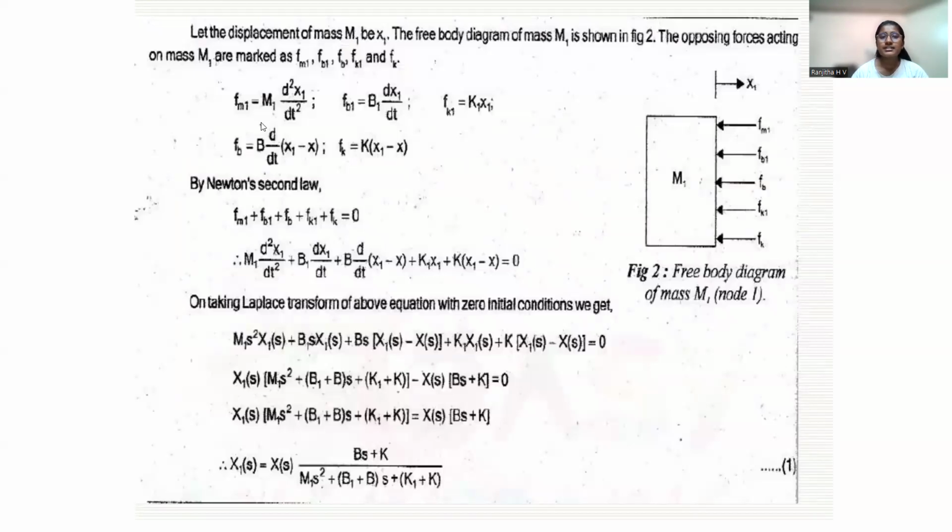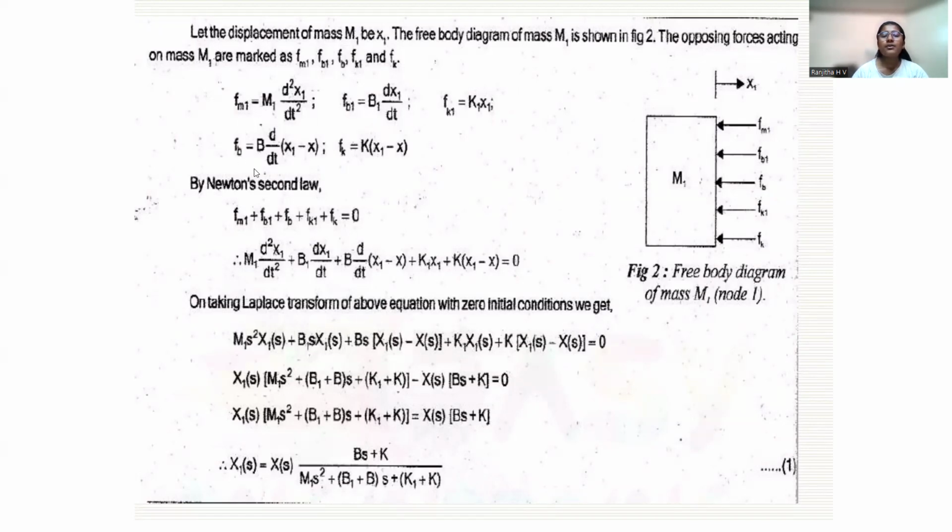Here we are going to first take the free body diagram of the mass as shown in the figure, and the opposing forces acting on mass one. Here Fm1 is equal to m1 into d square x1 by dt square, and Fb1 is equal to b1 into dx1 by dt.